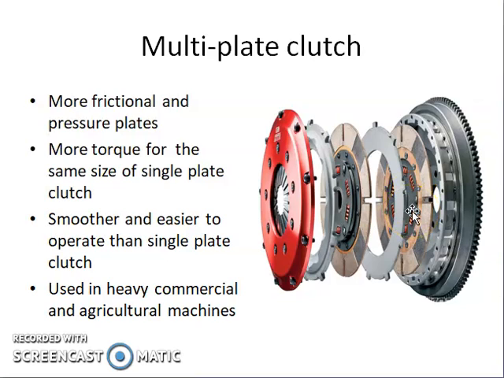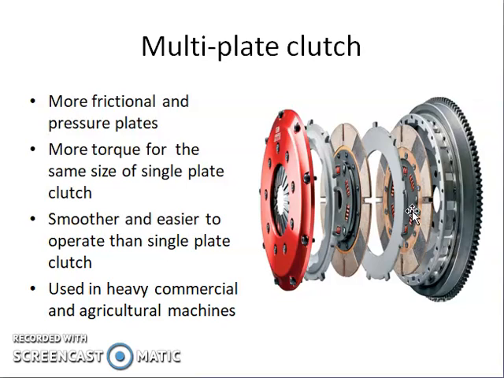The multi-plate clutch can be either a dry or wet clutch. A dry clutch will not have any lubrication, whereas a wet clutch will have some lubrication. As usual, the advantage of a wet clutch is that heat dissipation is more effective, and the disadvantage is that there may be a chance of slip.